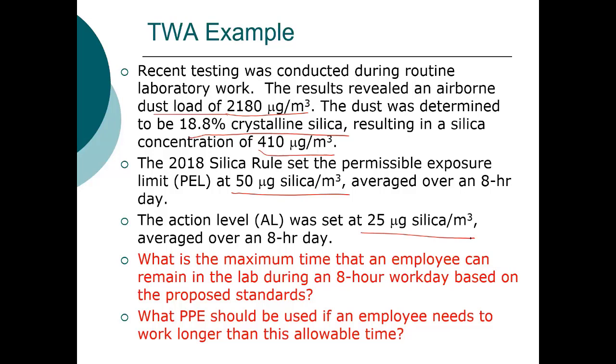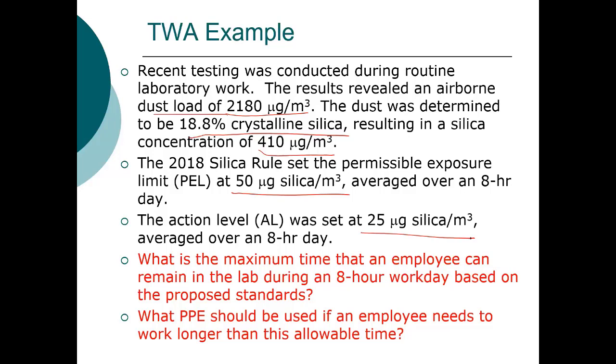That action limit meant that if the levels were greater than that, averaged over an 8-hour day, then one needed to take additional precautions and also needed to monitor the health of the workers to ensure that they did not succumb to adverse health effects.